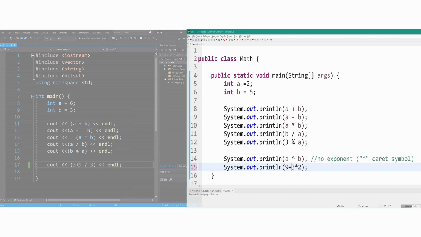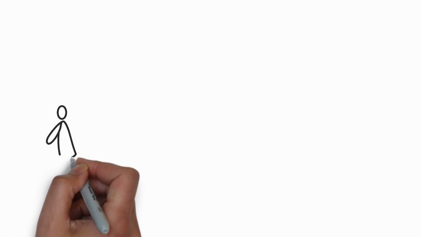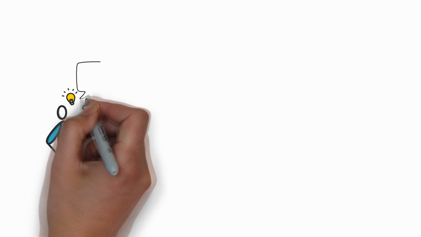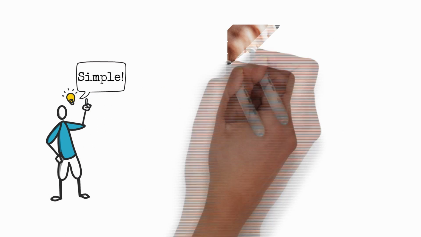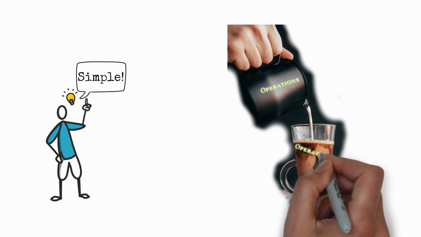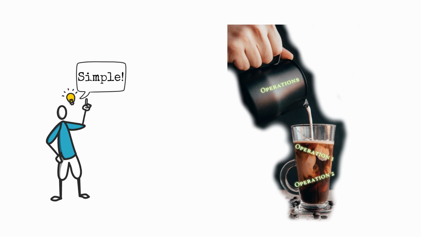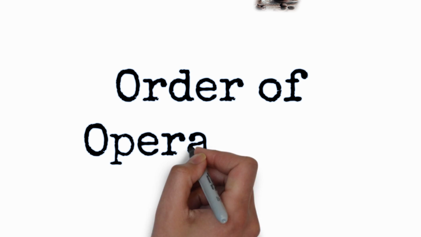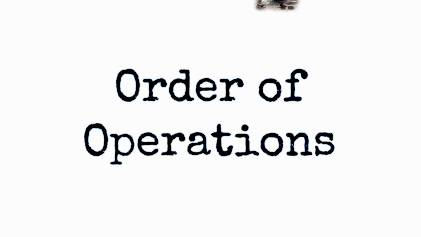Now, all the math operations showcased right here are very straightforward, but things start to get complicated when we combine them. We then have to deal with what is called order of operations. Math operations can be divided in two different levels, level 1 and level 2.